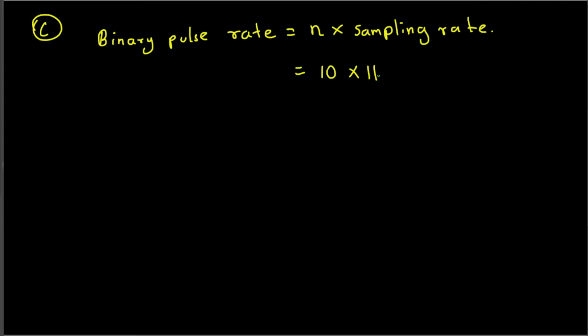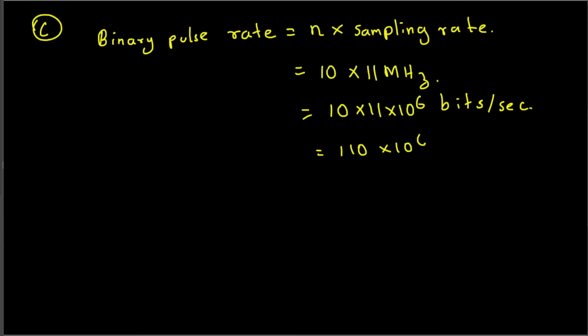So multiply these. Mega is 10 to the power of 6, so 10 times 11 times 10 to the power of 6, in bits per second. That is 110 times 10 to the power of 6 bits per second, or 110 megabits per second, Mbps. That's the answer for the C part.